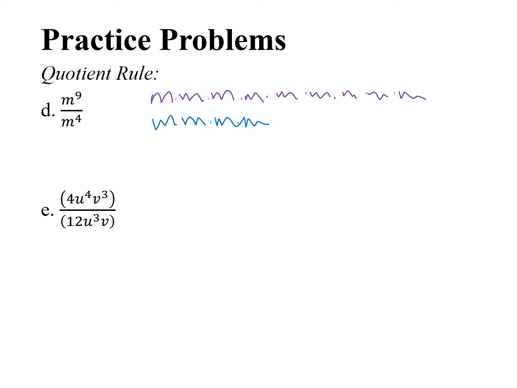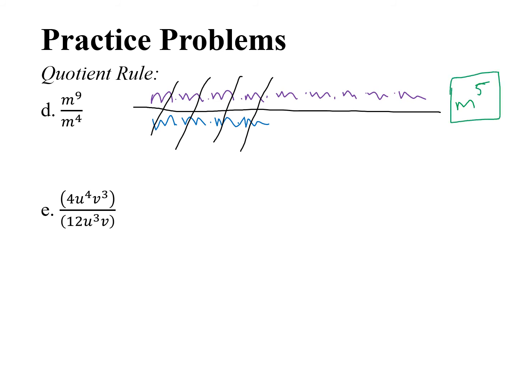I know from previous math classes that if I have the same term in the numerator and in the denominator that they cancel out. M divided by m is 1, so if I have 1 times anything, it stays the same. So m over m cancels, m over m cancels, m over m cancels, m over m cancels, and what I'm left with is just those 5 m's in the numerator.